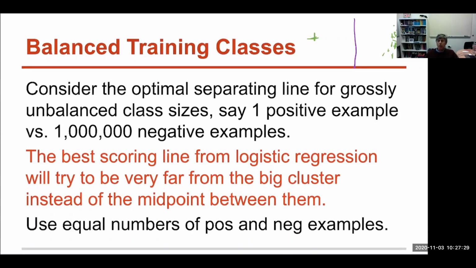Because it provides the biggest gap between the examples on one side and on the other side. Where will logistic regression want to put its separating line? Anyone have a sense of where logistic regression is going to want to put its separating line? Probably really close to the negative examples.